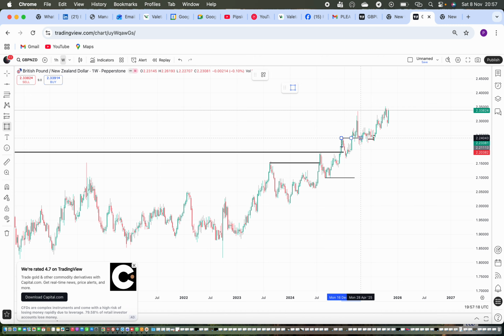created this, and price did what? Created this low, and we have this high, and from that level price came back to create this low, and we saw this high here.